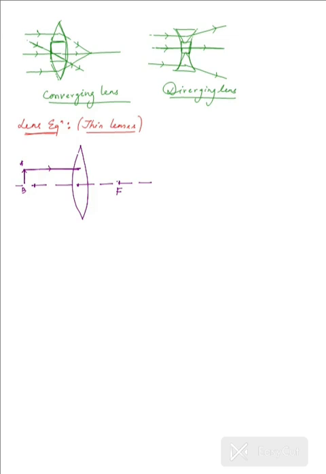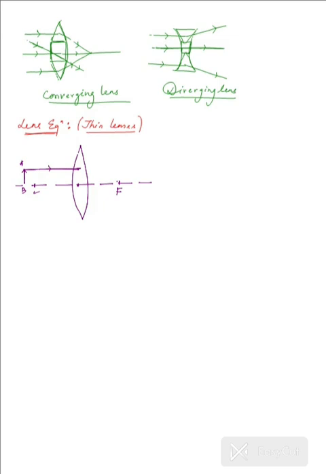Even if I've considered the focus over here as well, the object in this case lies beyond that focal length. So on either side we can consider the focus, but as far as the refraction is concerned, we'll consider the focus on the right hand side, because the object is on the left hand side. We will usually be considering the object on the left hand side of the figure most of the times.